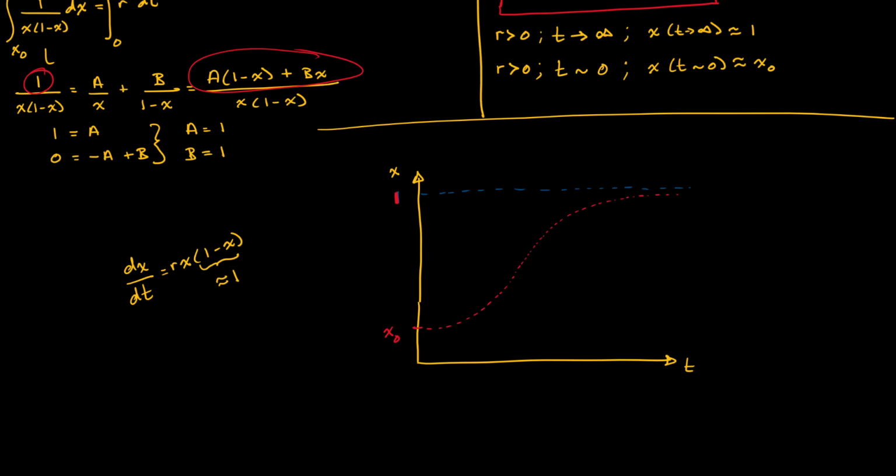It's actually been shown to produce pretty good fits to actual population data over fairly small time spans. So this was a fairly realistic example of a population growth model which is described by a first-order nonlinear differential equation that can be solved by separation of variables.